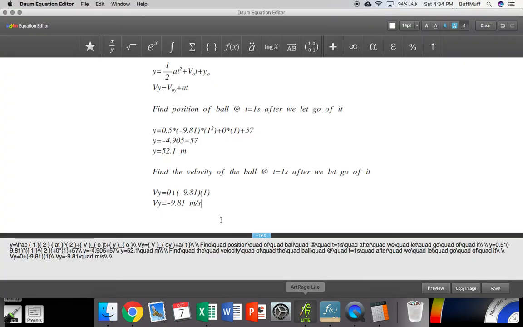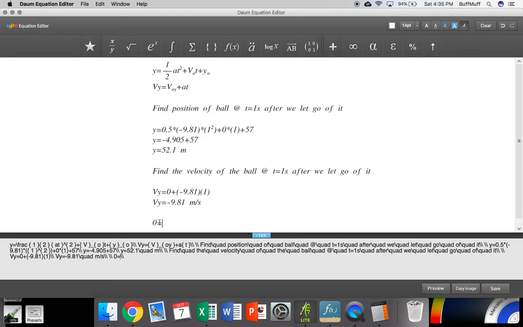So before I finish this video, let's do the quick math, but using the reference frame like this one. We want to know when it would hit the ground. So now instead of putting negative 57 here, since we changed the reference point to the ground, we want to know when it will hit 0.